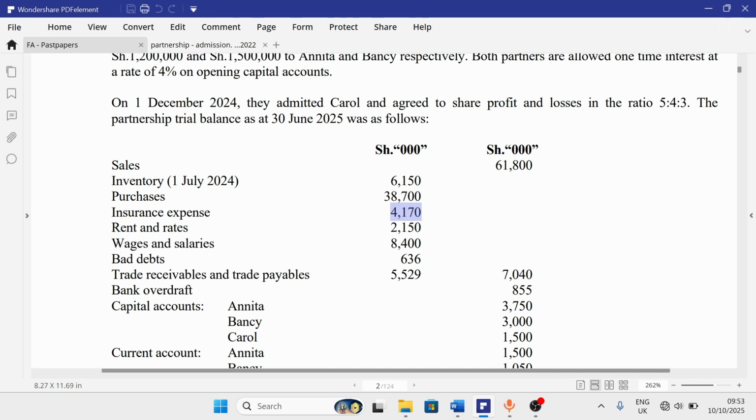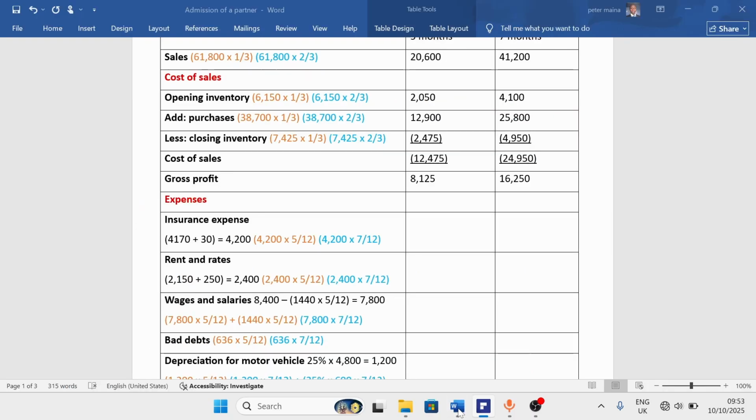So we will take 4170, we add to 30, and then that is what we are supposed to have as our total insurance expense. So that is what we have done here. 4170, the one given in the trial balance, we add 30, which is the accrued insurance expense. That gives us 4,200. So once we have 4,200, we want to apportion it into the two periods.